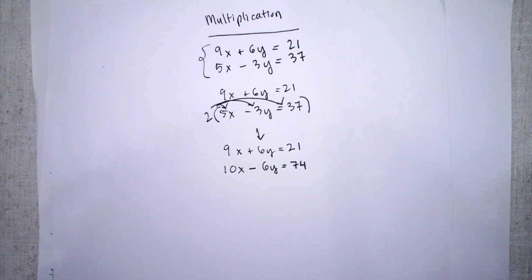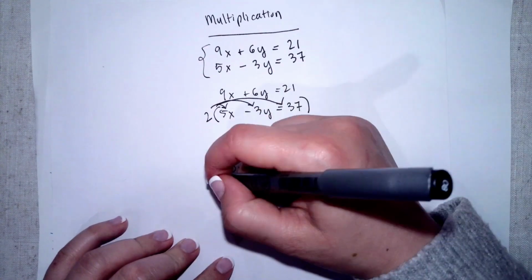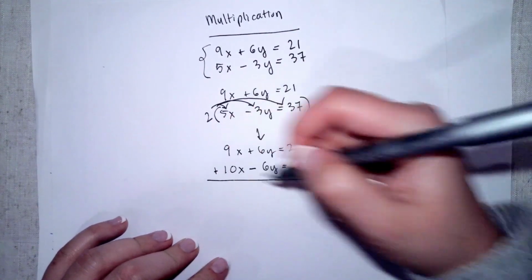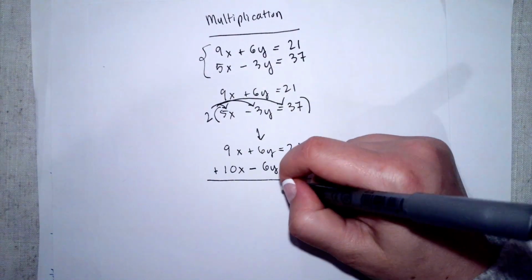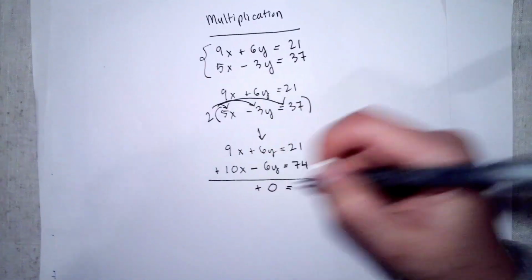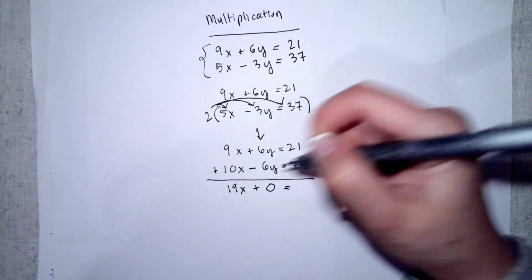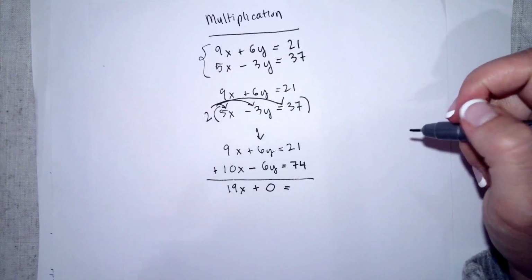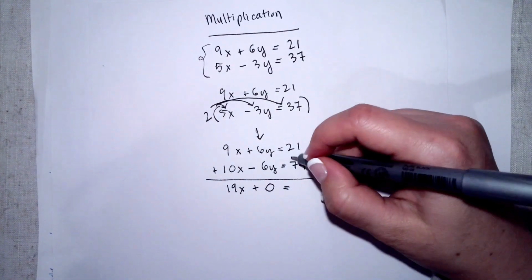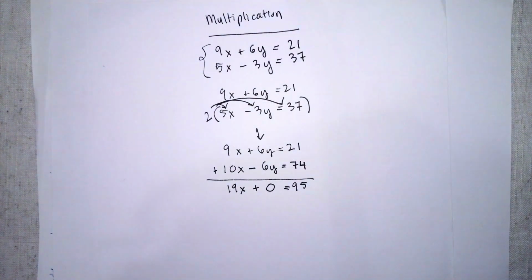Okay. Alright, and so finally we can go ahead and add these together. So now we're going to use addition. I'm going to bring this down right off the bat. We know that 6y cancels out, so it's going to be 0. And then 9x plus 10x is 19x. And then we have 74 plus 21, which is 95.